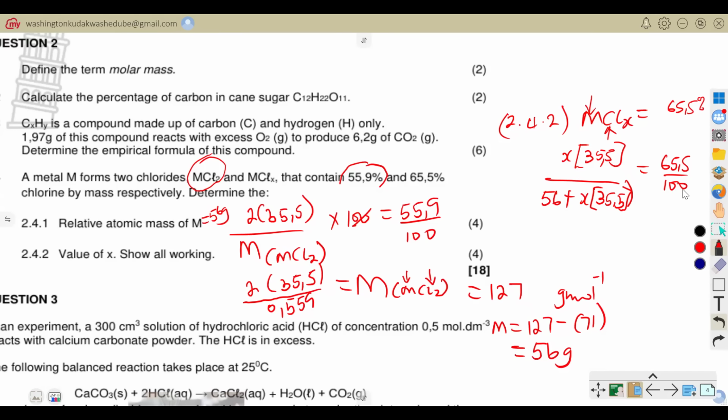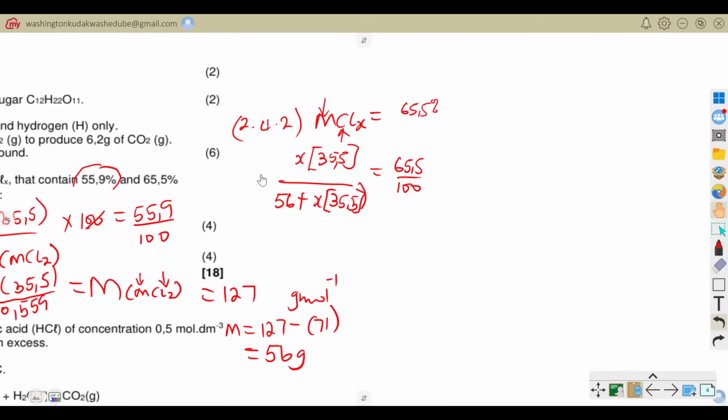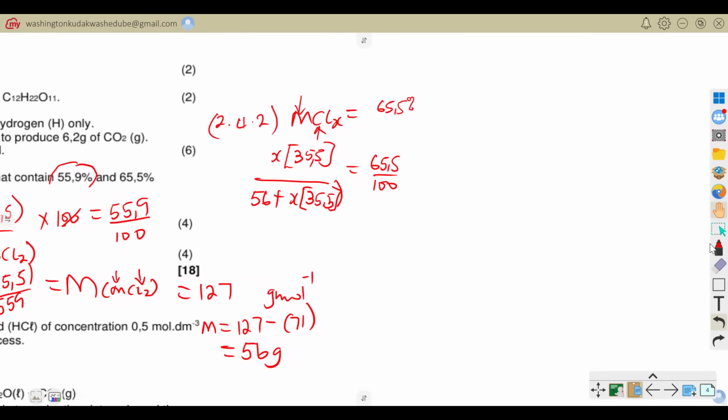So if we divide throughout by 100, it would be like this. So I'm looking for x. So all I need to do is to make x the subject here. So in making x the subject there, I would take this one this side. So this one is more like 0.655.